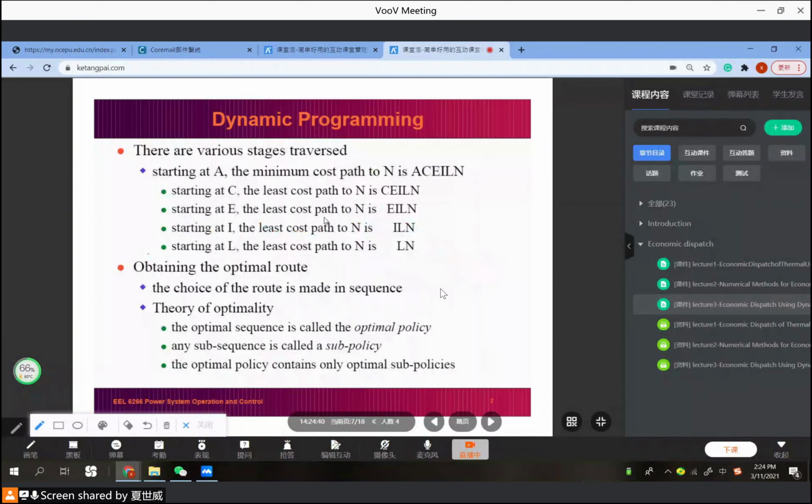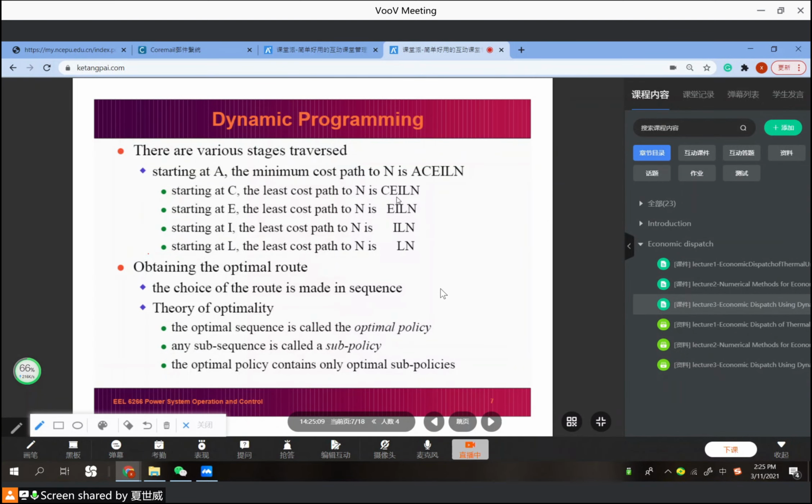Based on this, you can observe some conclusions. The choice of routing is made as a sequence, and each later part is just a part of the best path. The optimal sequence is called the optimal policy. If you travel from A to N, we call this the optimal policy.